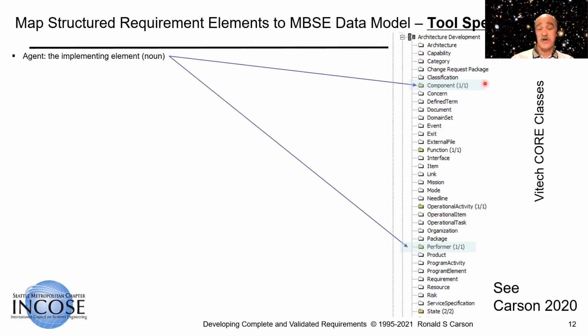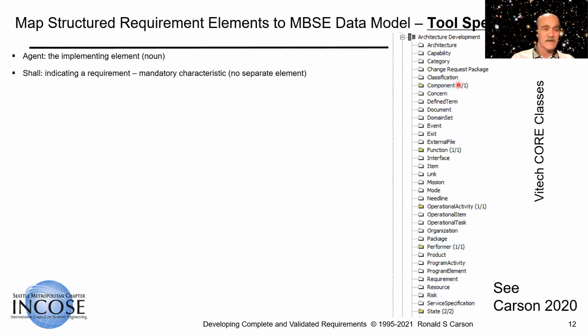But you have to know what the data classes are in order to be able to populate the requirements. So if you're writing an operational requirement, you would use the performer class and its related operational attributes. If you're writing a system or subsystem requirement, then you would use the component class and its related data classes. There's no separate data class for the keyword.